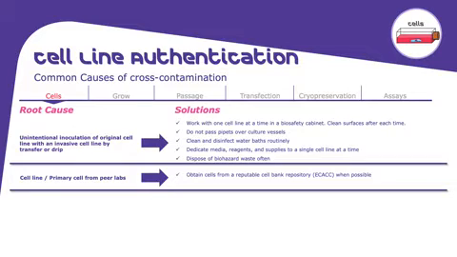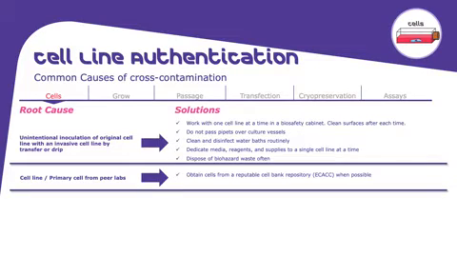However, when you acquire the cell line from your friends, colleagues, or any other collaborators, it is very important to make sure that you authenticate the cells before you start experiments, because it might be that something went wrong in their lab. So in general, we recommend that it's way safer for you and for your research to acquire the cells from a cell bank repository, like ECACC, for example.